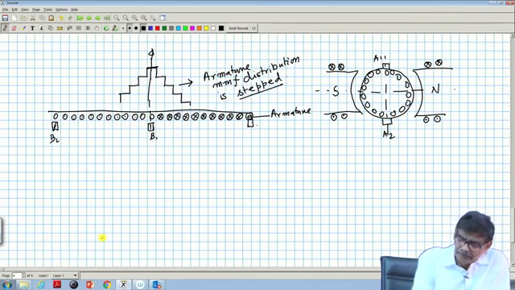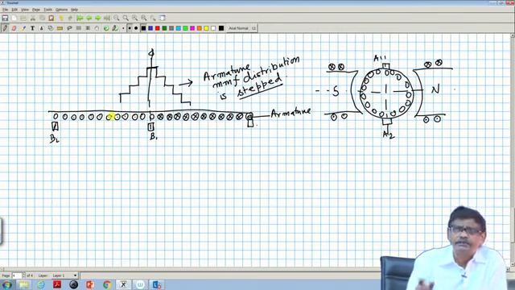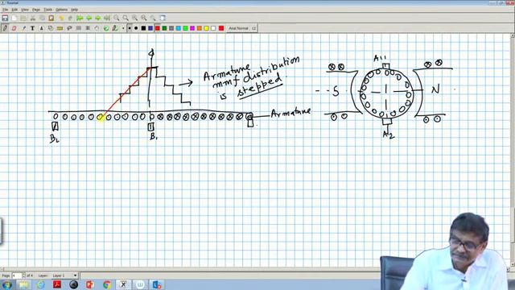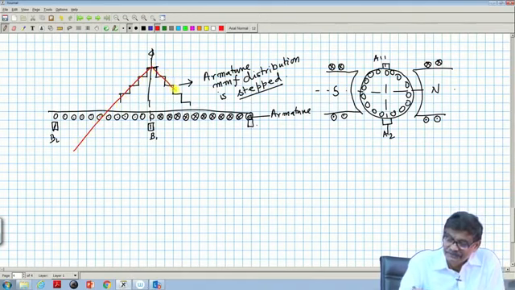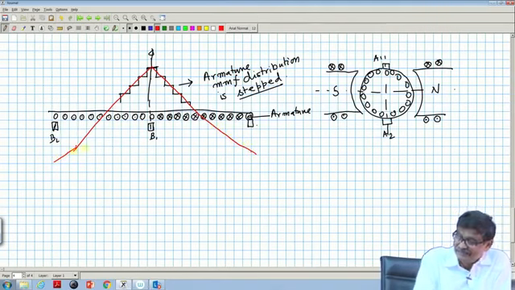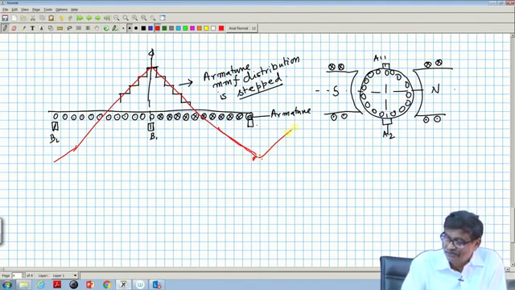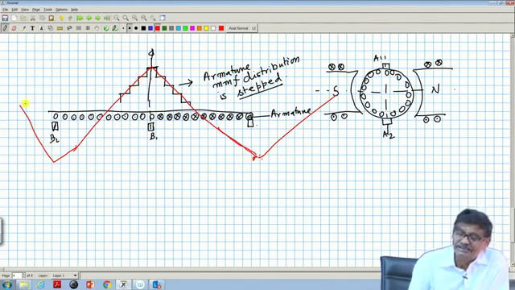And if there are a number of coils, so that the distance between two consecutive slots is very small, that is a uniformly distributed coil, this can be approximated as straight lines. Why not? Armature MMF, I can draw it like this. This is an approximation.